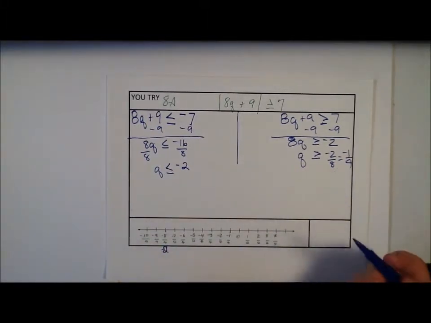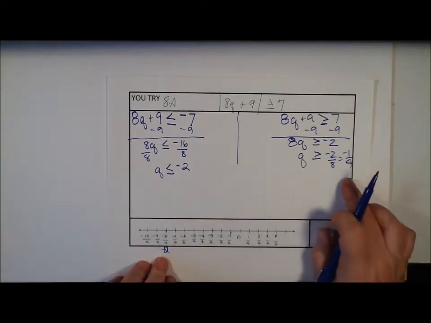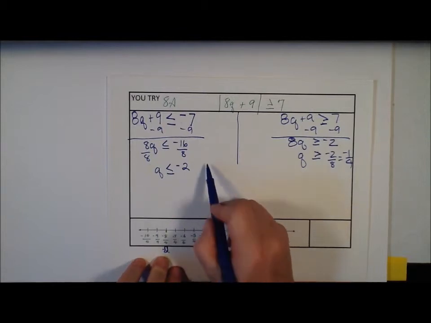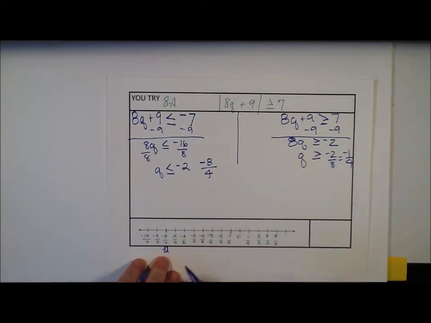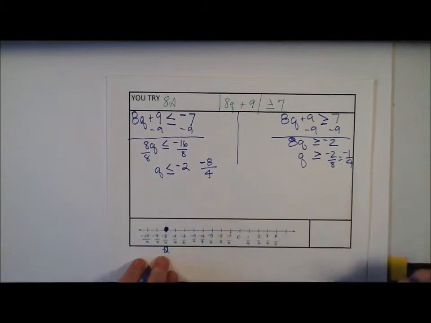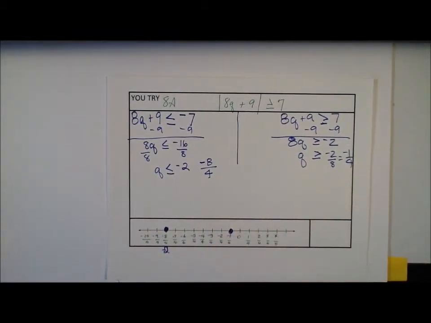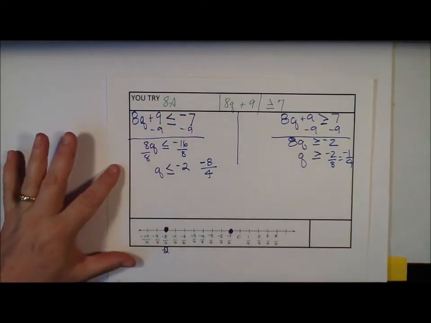Okay, so I'm going to go ahead and graph that. So here's -2. And since I'm dealing in fourths, I thought, again, it's easier to sometimes think about it with common denominators when you're trying to draw a picture. So that's the same as -8/4. So here it is on the number line. It's a greater than or equal to, so it's solid. Here's -1/4. It's solid. And you can even see on the number line I divided it into fourths.